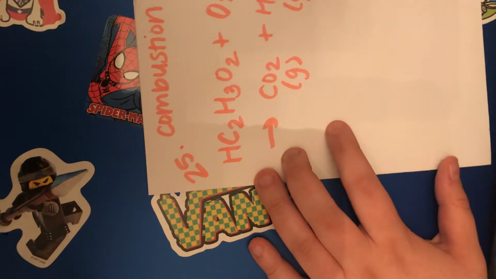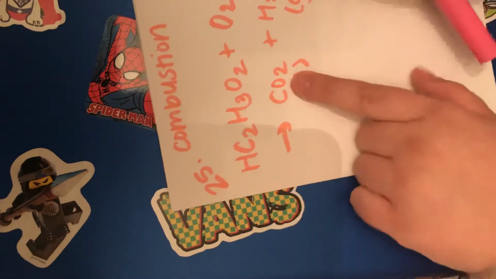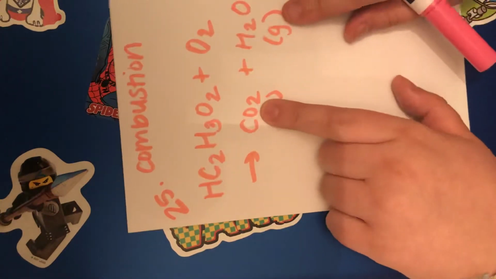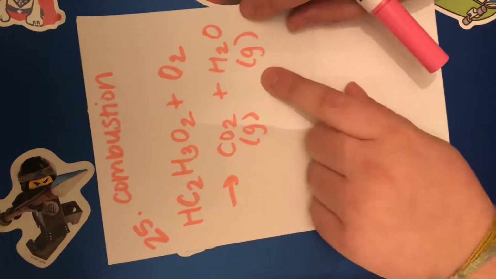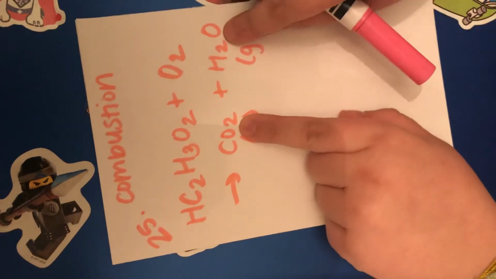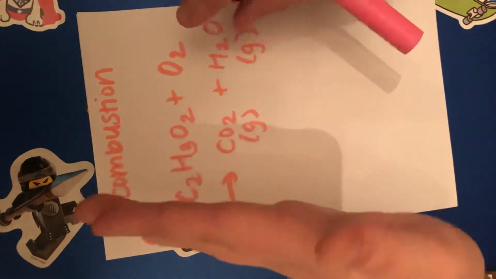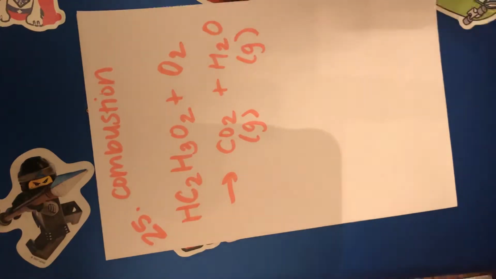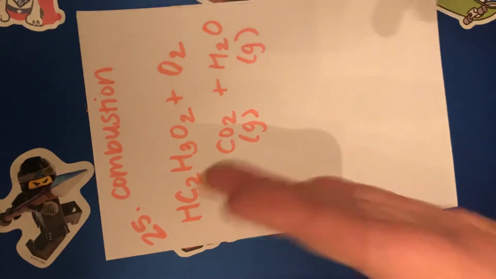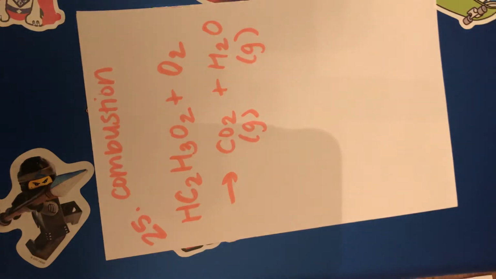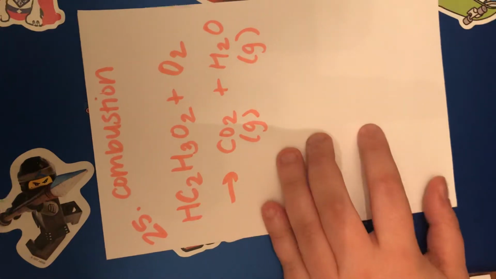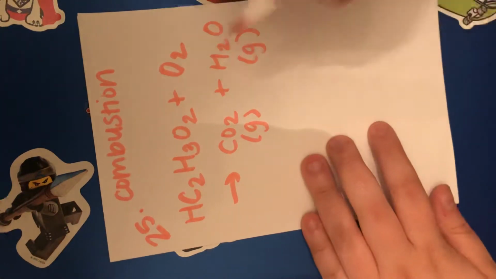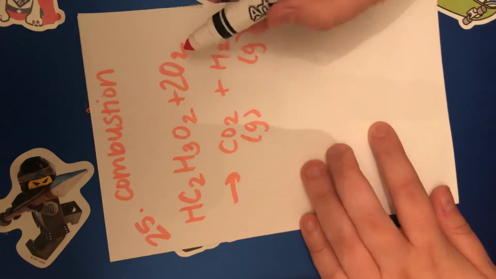And we have 3 oxygens on this side. And this is one of the ones that gets a little bit tricky for people because there's oxygen here, and oxygen here, and then oxygen here, and oxygen here. So there's basically double that type of element on both sides. So what I can do is put a 2 right here where I can get 4.